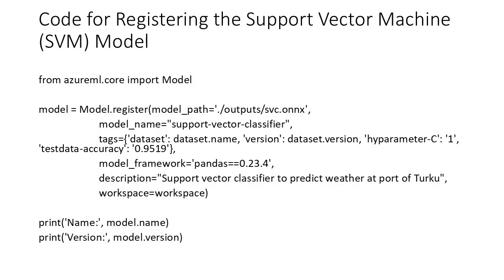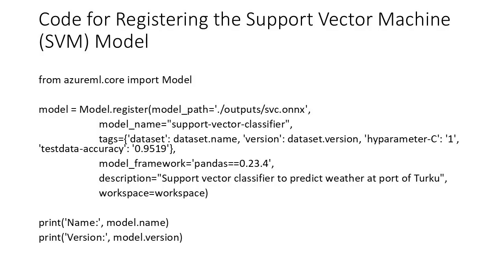Then you set the various hyperparameter settings in the tags, then the model framework, pandas and its version. Similarly, you specify the workspace with a description also. Can you understand how we are registering the model? Everything we have to register: the data, the training set, the test set, everything.